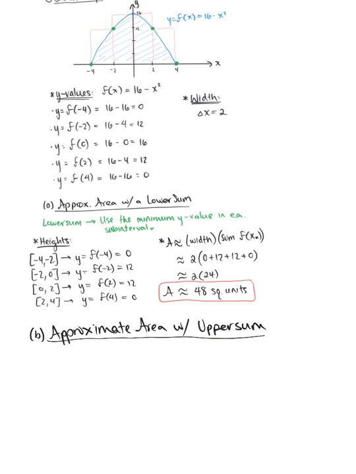So if we're approximating the area with an upper sum, what endpoint do you think you'll use? You are correct. We're going to use the maximum y value this time. So you want to use the maximum or the largest y value in each interval.